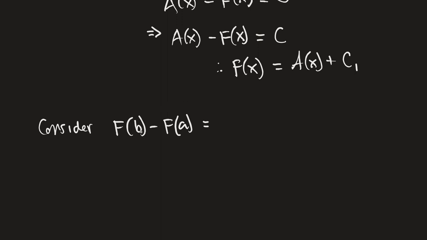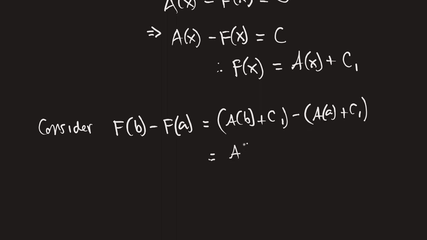Let's see how we can write this down. If I plug b in for x here, I'd have to plug it in here as well. So F of b is the same as A of b plus c1, minus F of a, which would be big A of little a plus c1. With that difference, because I'm subtracting, the constant goes away. So I end up with A of b minus A of a.